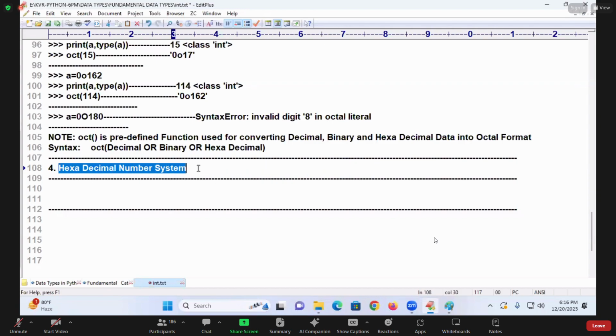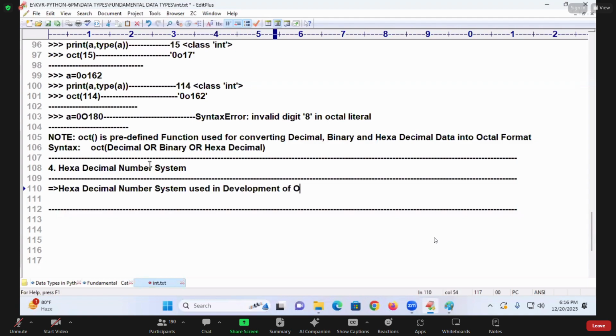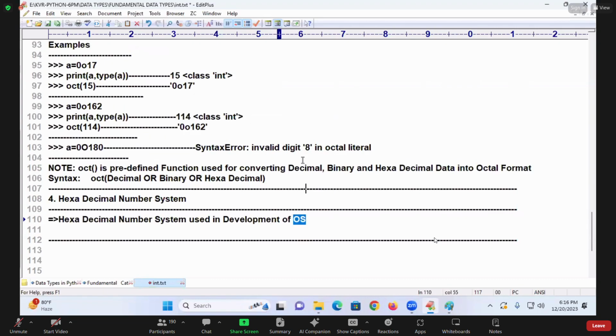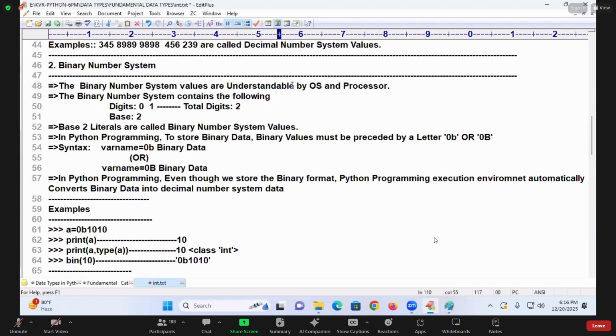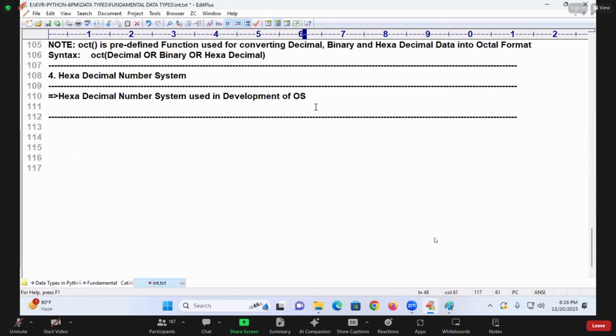Hexadecimal number system is used in the development of operating systems. Binary number system is understandable by the OS, but at the time of developing an OS, they use a numbering system for that purpose, and it is the hexadecimal number system.